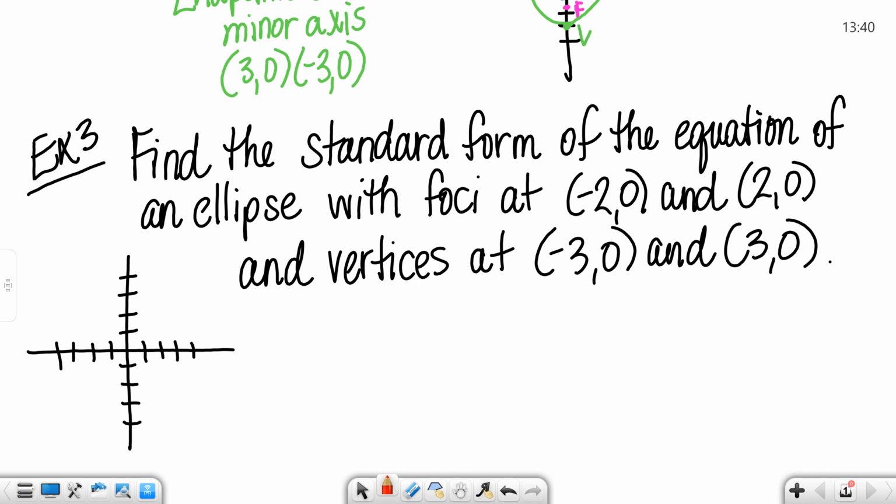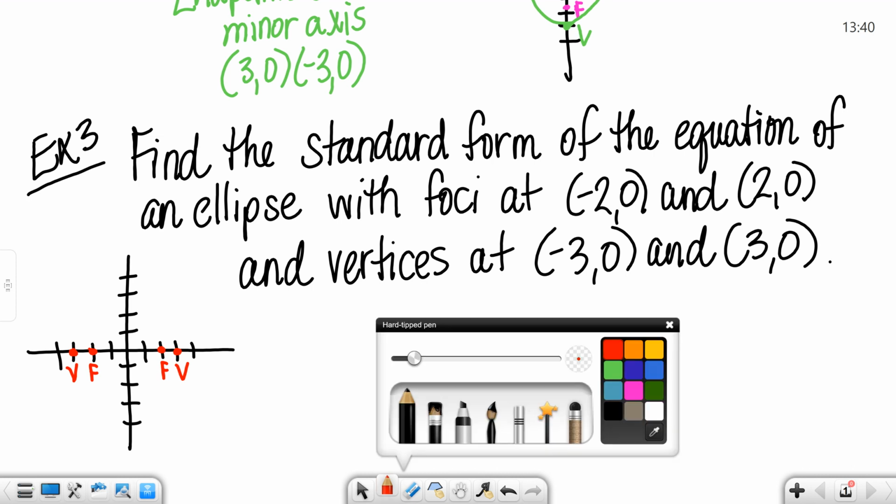My foci are -2, 0 and 2, 0. Those are my foci. They are on the major axis. My vertices are -3, 0 and 3, 0. Those are also on the major axis.